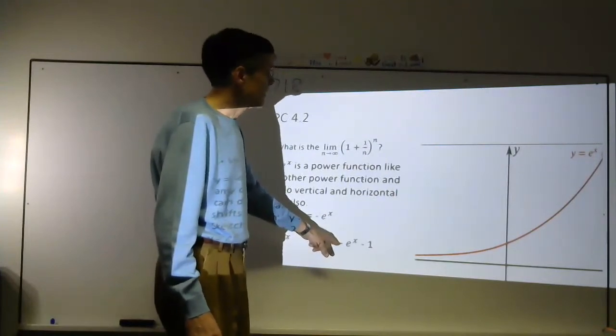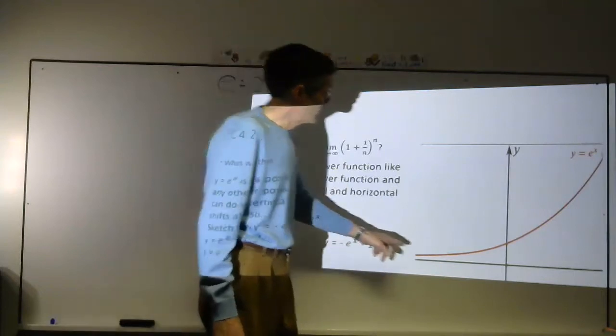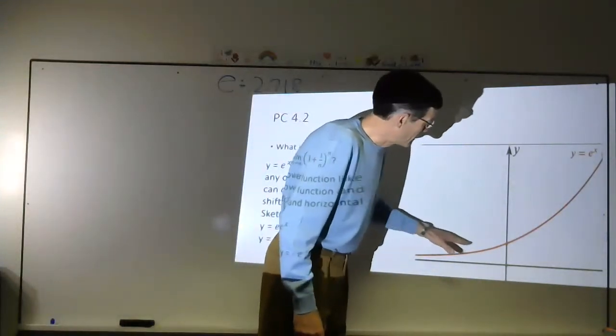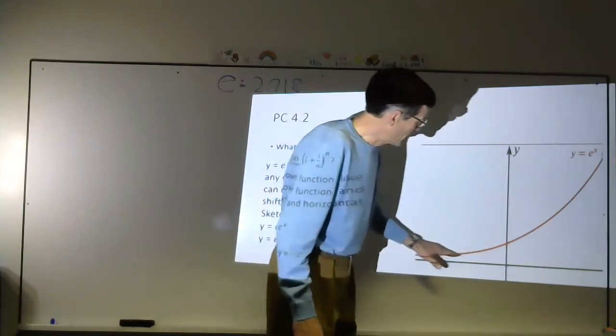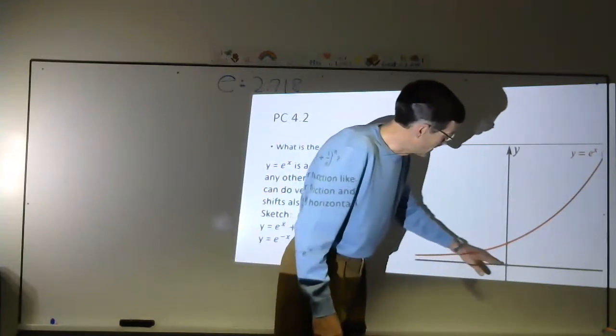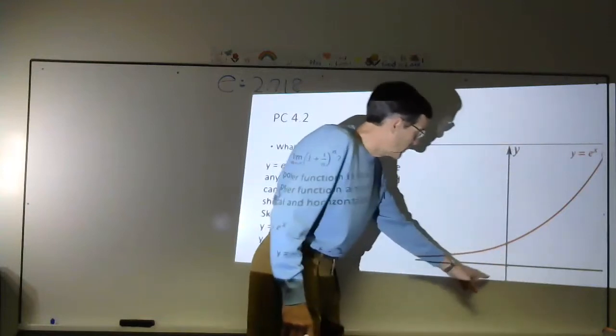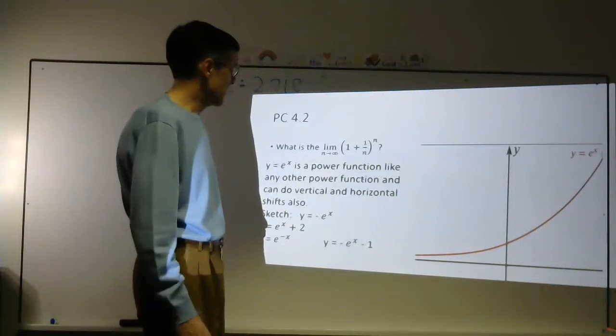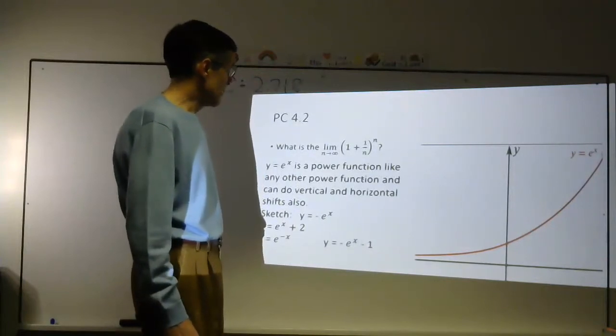So instead of going upward, it's going to come down this way, come down here and go down. Instead of being asymptotic to -1, it's going to be asymptotic to +1, okay? Let me think about that a second.